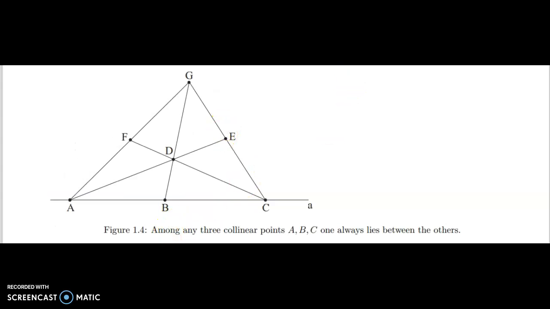Among any three collinear points A, B, C, one always lies between the others. From here, from here, from here, this one lies between the others.